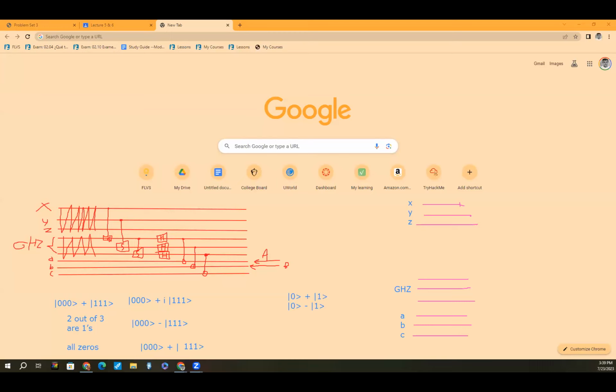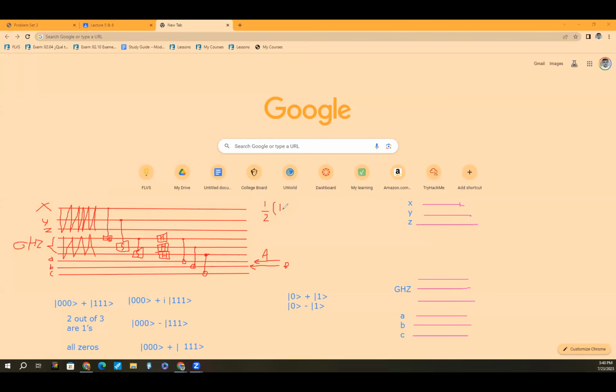So what I was thinking was that when we apply the Hadamards, it kind of automatically does it, because if it's going to be all 000, if we don't apply the S gate, the state is 000 plus 111, then after calculation, I figured that you would always get 1/2 of all states in which we would win.